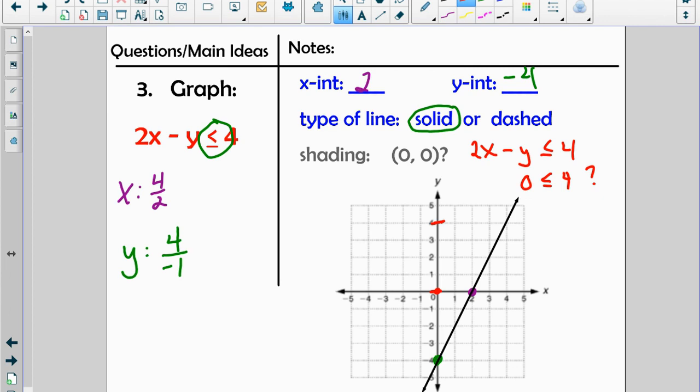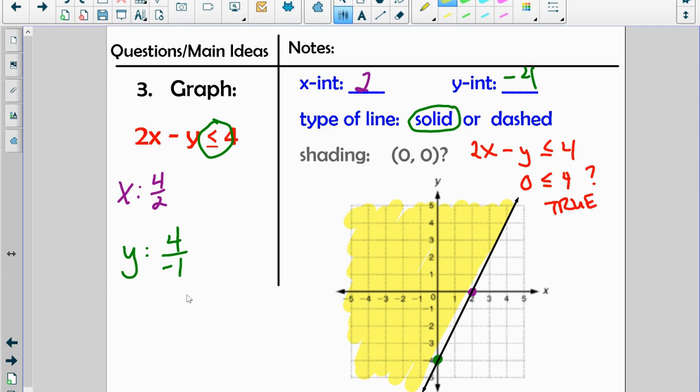Since that's true, the origin 0, 0 is a solution. So I want to shade that side of the boundary line because that's where all of the solutions are, the side that contains 0, 0. Don't think of it as above or below when it's in standard form. We just think of it as the side that has the solution on it. We just test a point.